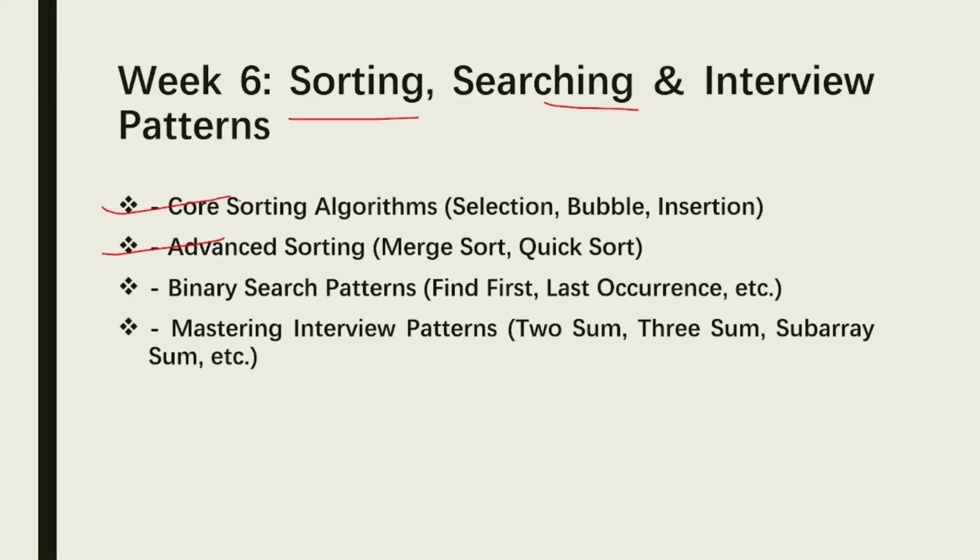And this is basic level searching. Next is binary search, linear search, and interview patterns like two sum, three sum, subarray sum. All these types of questions will be solved in our week 6 content.